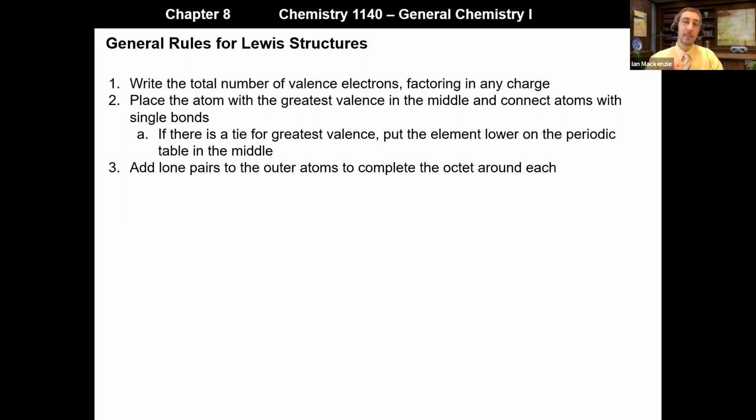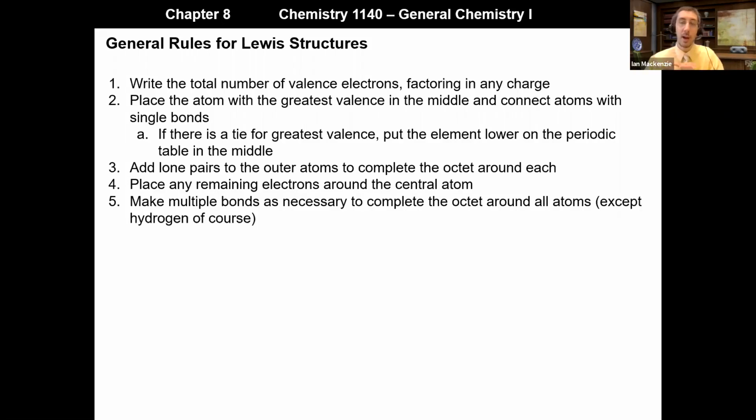Then we add lone pairs to the outer atoms first to complete the octet around each of the outer atoms, and any remaining electrons we place around the central atom. Once we've done all of that, we evaluate: have we satisfied the octet rule for all of the atoms?